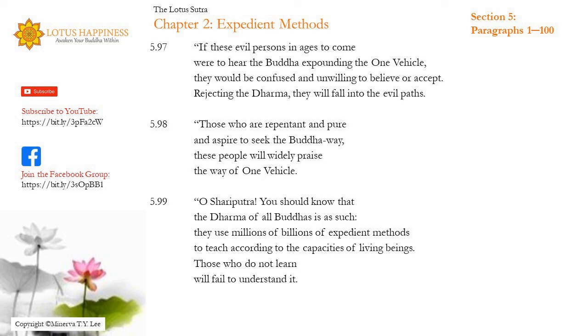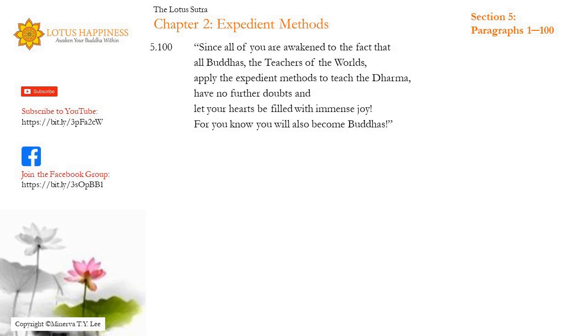Those who do not learn will fail to understand it. Since all of you are awakened to the fact that all Buddhas, the teachers of the worlds, apply the expedient methods to teach the Dharma, have no further doubts and let your hearts be filled with immense joy. For you know you will also become Buddhas.